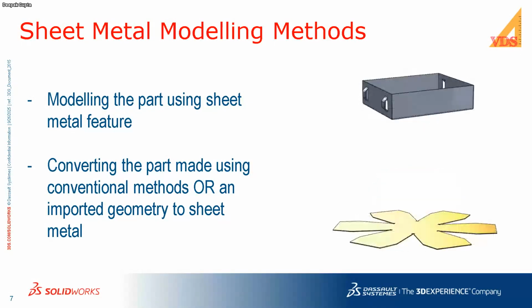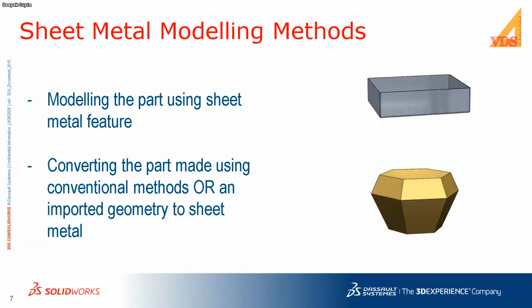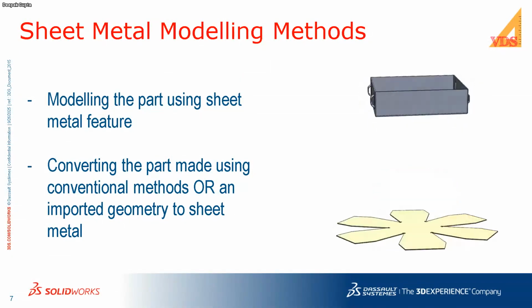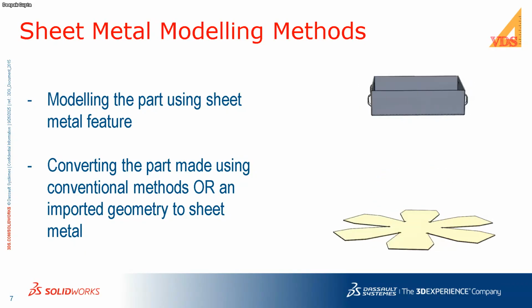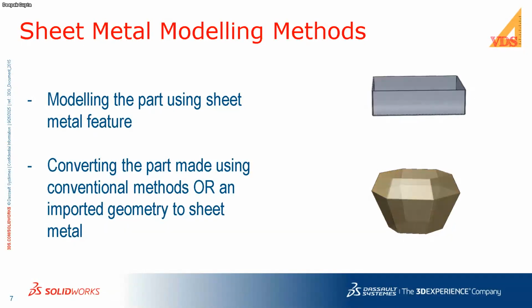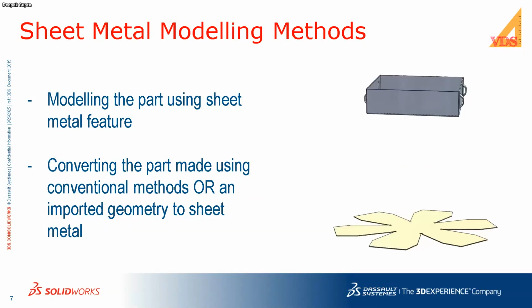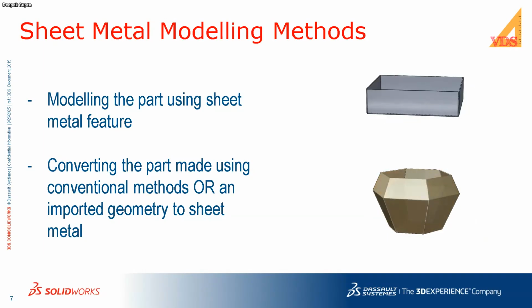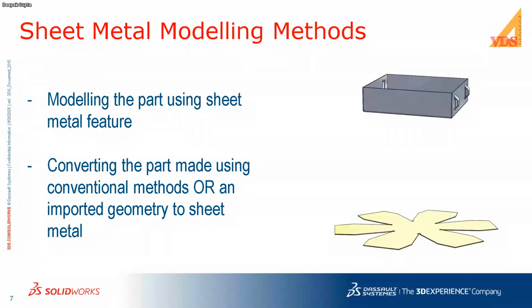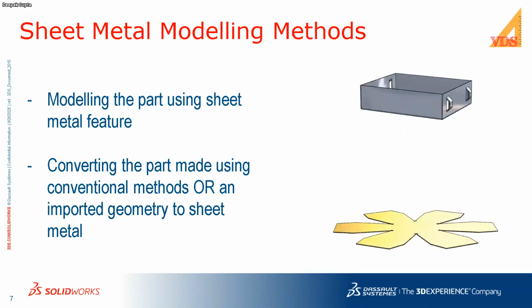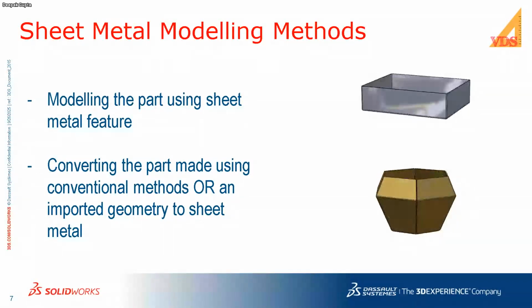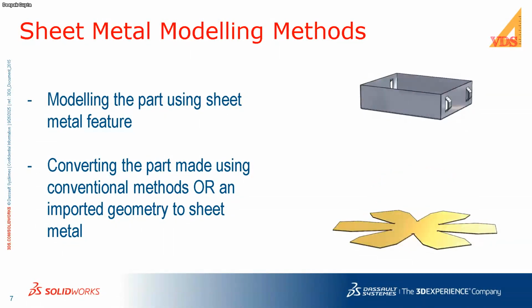So we create a solid or surface model of it, and then use the convert entity or convert to sheet metal features to convert that complex part, or even some imported geometry, to sheet metal. We'll be looking at some of the features as we go along with the presentation.